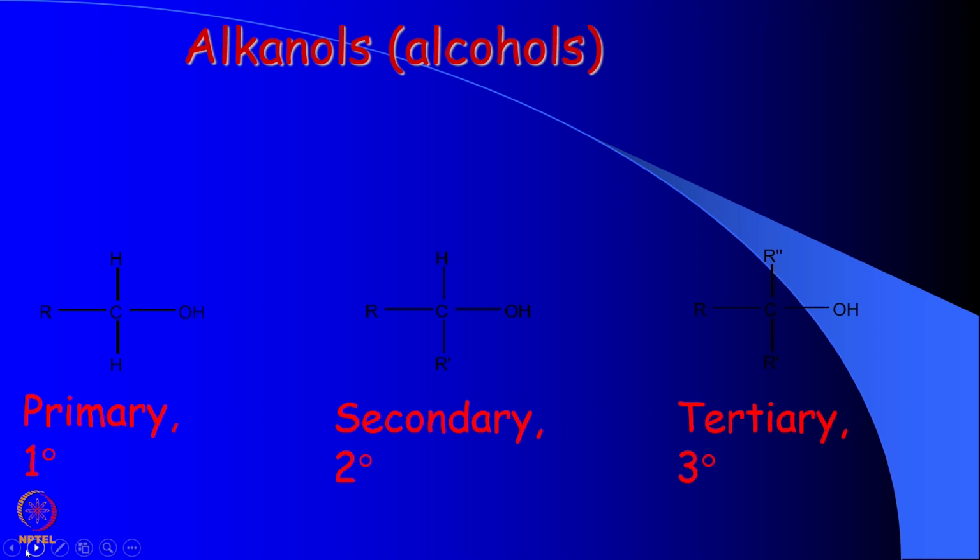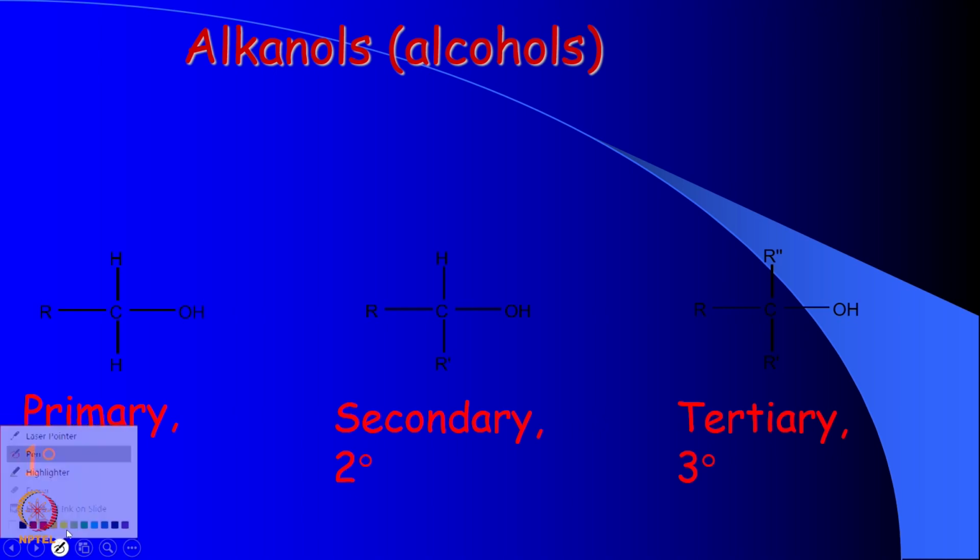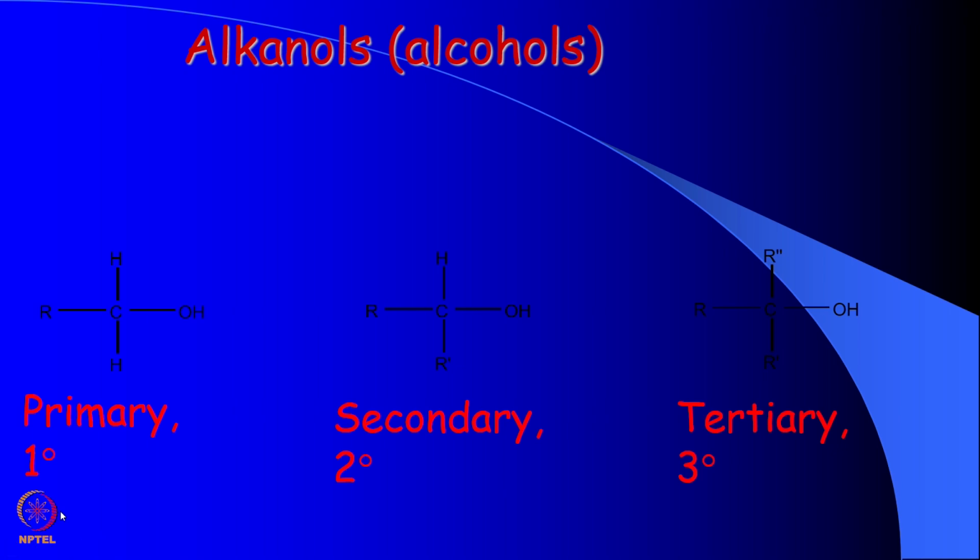Then the next class of compounds that we encounter very frequently is the group of alcohols, and as you may know, the alcohols can be identified as primary, secondary and tertiary depending on the connectivity of OH with the carbon. So, if the OH is connected to a carbon which has 2 hydrogens, it is called a primary alcohol.